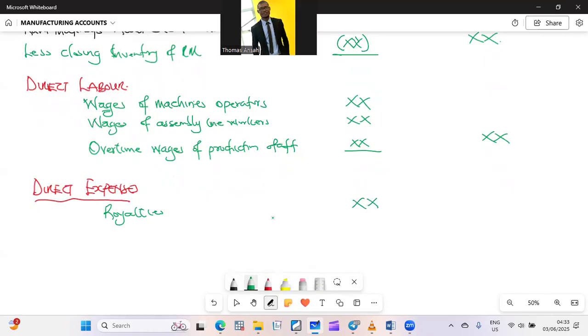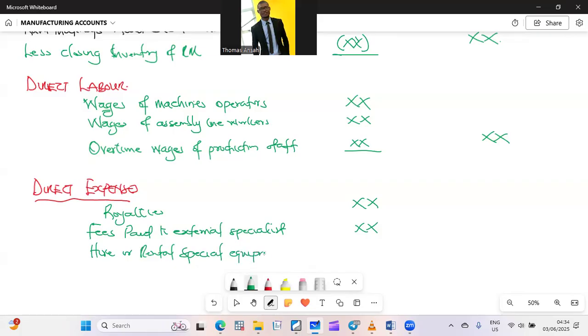But you can also have something like fees towards specialists, external specialists that we probably brought to do something in the factory for producing the thing. You may have something like rental of special equipment, hiring or rental of special equipment. These are all direct expenses.